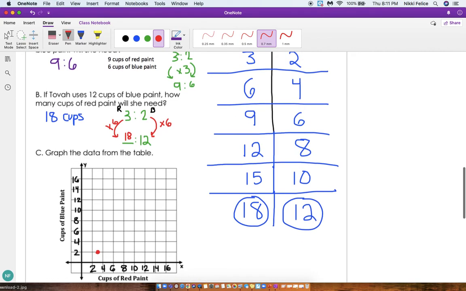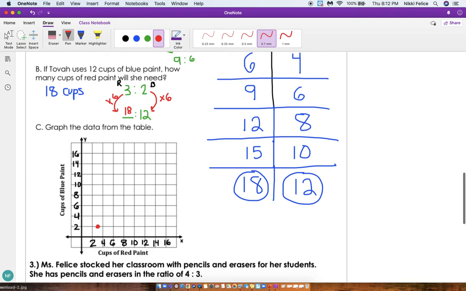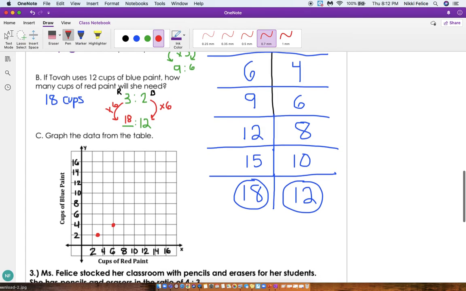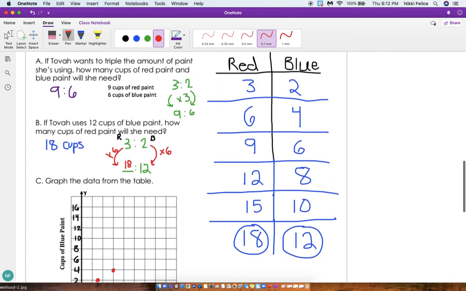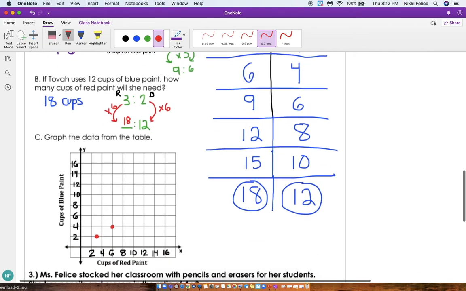Next is 6 to 4. So I go over to the right to 6 and then up to 4 for 4 cups of blue paint. Next is 9 cups of red, 6 cups of blue. So I go over to 9 cups of red in between 8 and 10 and go up to 6 cups of blue.